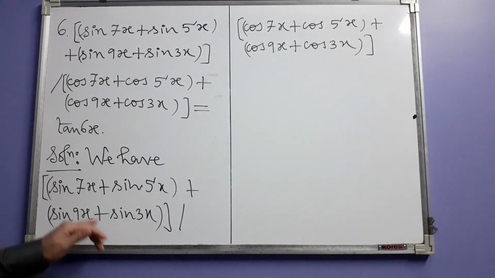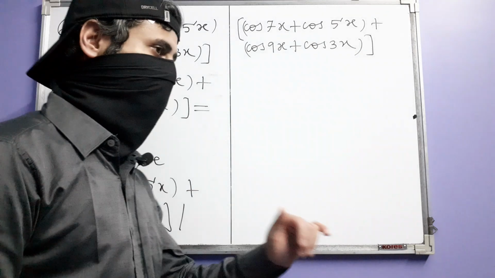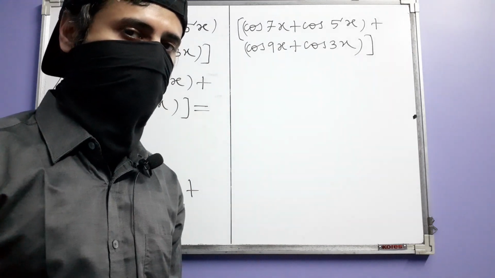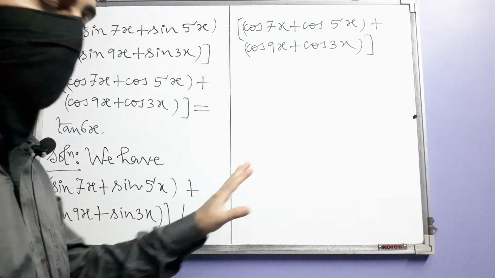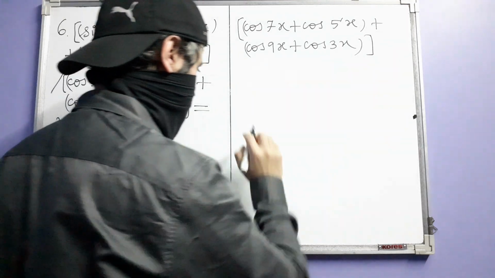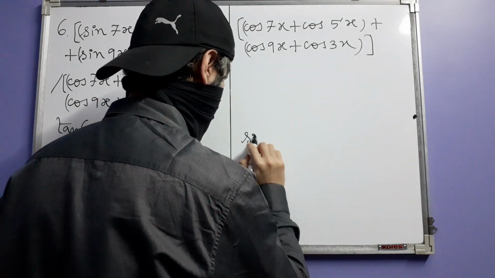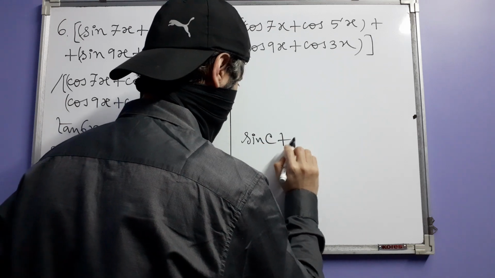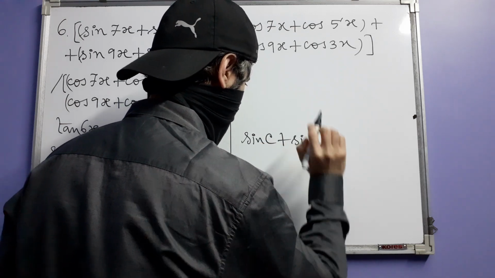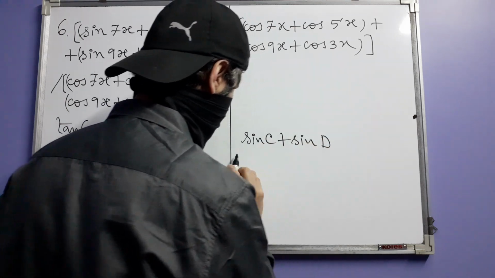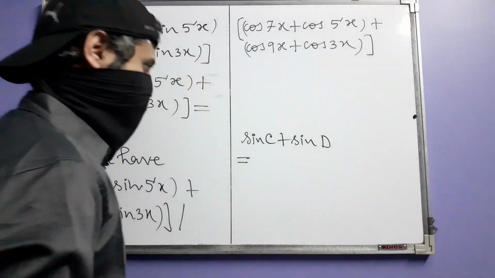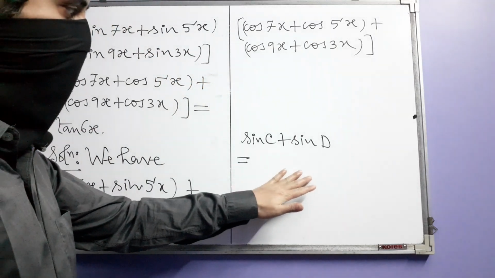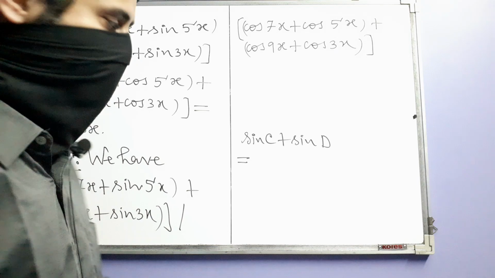Alright, so you can clearly see that we have to use the sin c plus sin d and cos c plus cos d formulas. So let's recall the formulas first. Let us also recall the scheme that we developed for remembering these formulas.